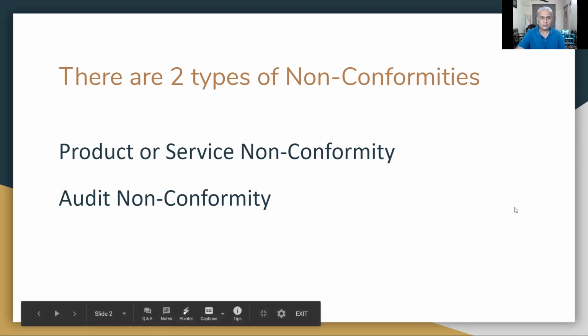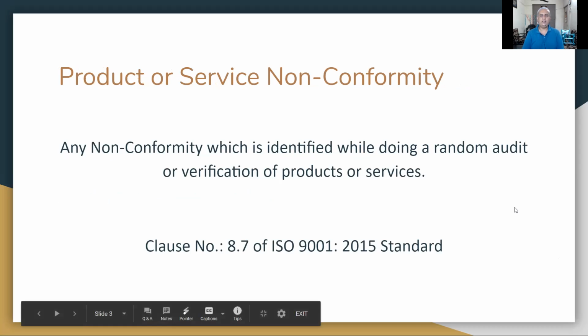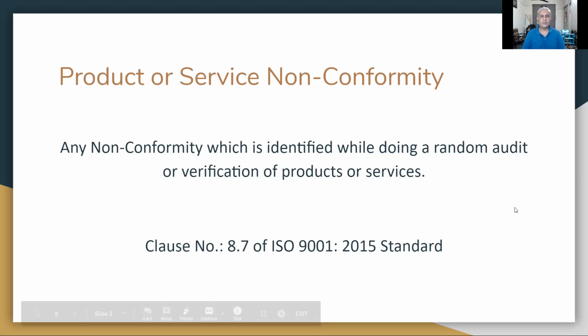So let's move further. What exactly is a non-conformity? A non-conformity is something which is not conforming to the set standards. If you have a set standard, and the product or service which is rendered or manufactured is not as per the requirement, then it is a non-conformity, right?